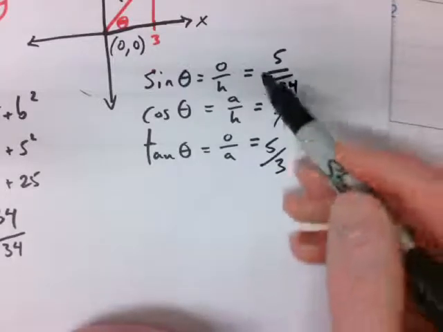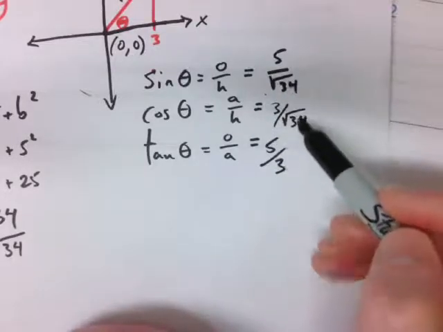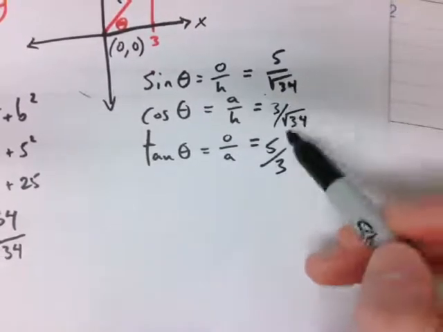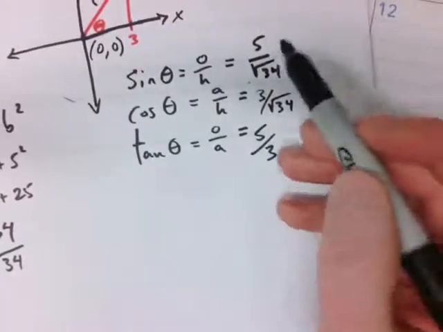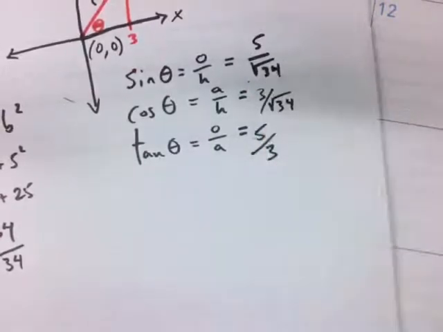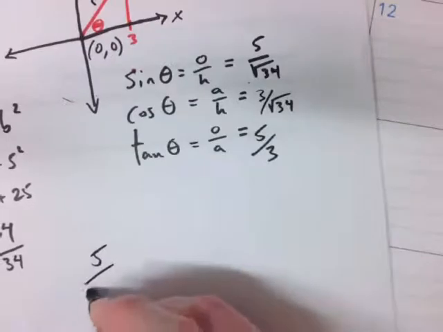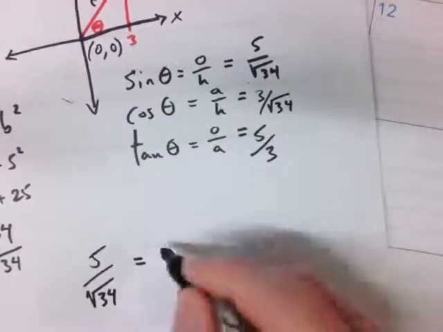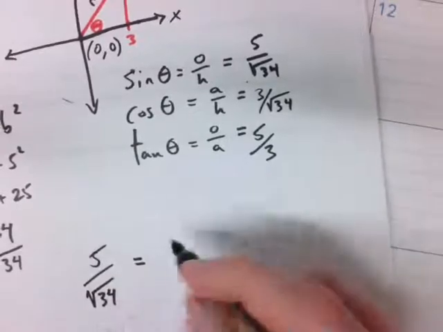Now, I don't like the roots on the bottom. That's not good form, so we need to change that. Anytime you have a root on the bottom, it's way easier than you think. So let's take 5 over root 34. If we want the root on top, all we need to do is multiply the top and the bottom by that root.